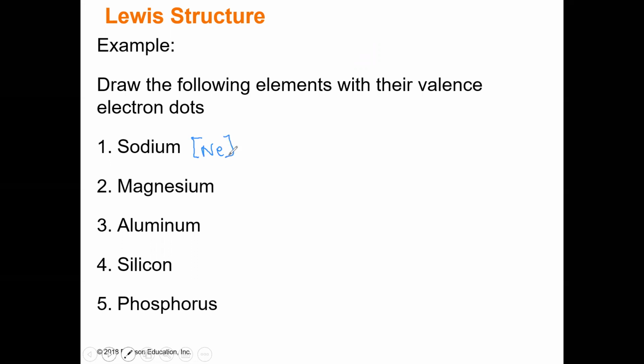And after that, we start our valence shell, which is our 3s. And for sodium, it is 3s1. So what we see is that we have 1 valence electron for sodium. So for sodium, we draw its elemental symbol, and then we draw just that 1 valence electron.